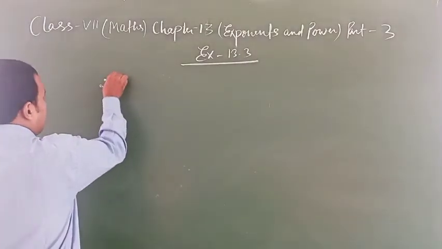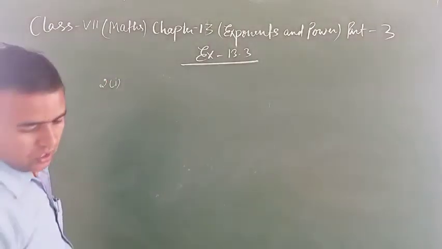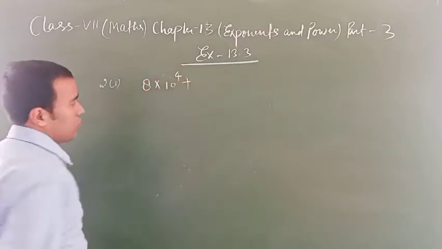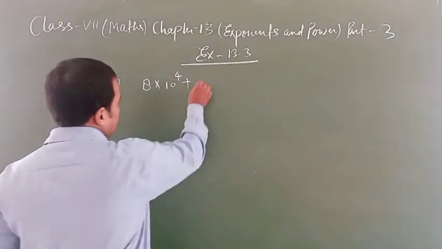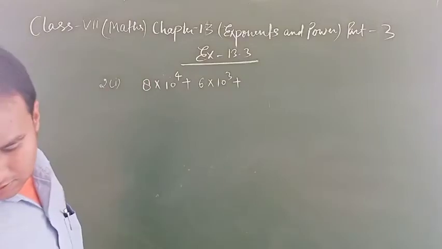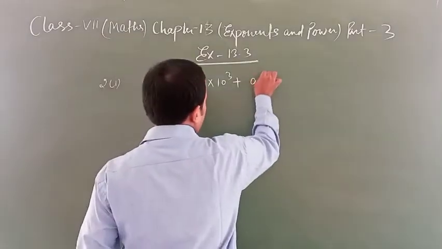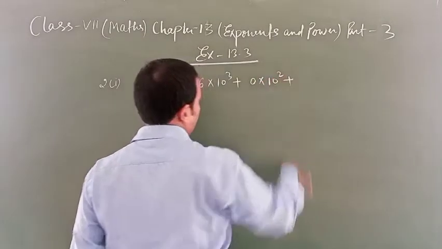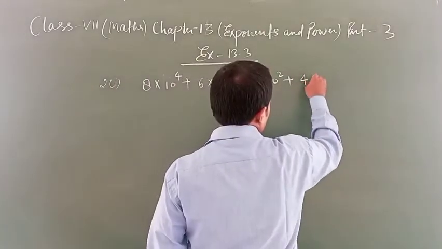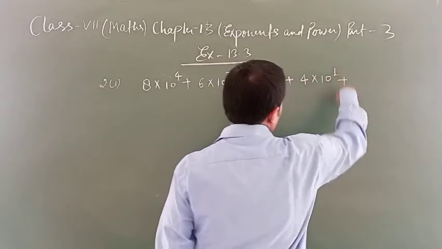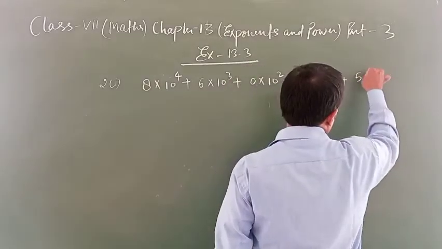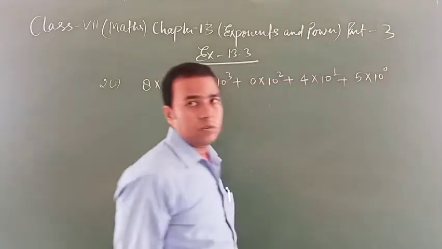Second one: 8 into 10 to the power 4, plus 6 into 10 to the power 3, plus 0 into 10 to the power 2, plus 4 into 10 to the power 1, plus 5 into 10 to the power 0. Clear?